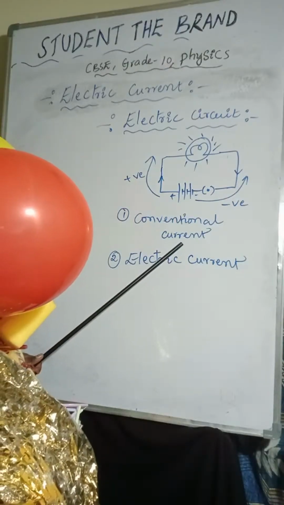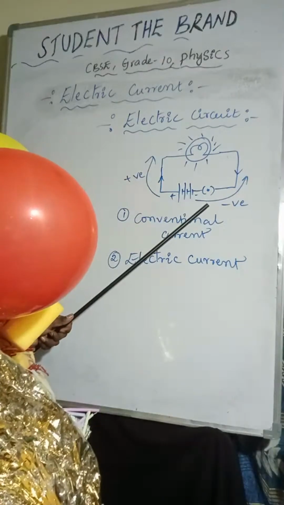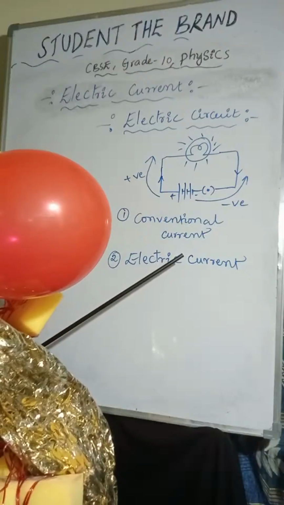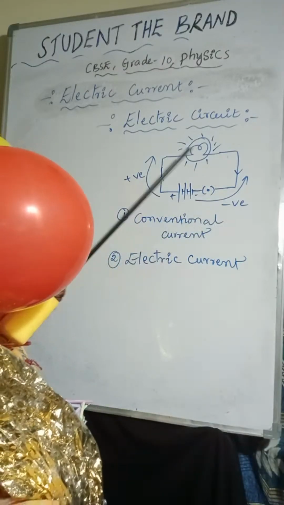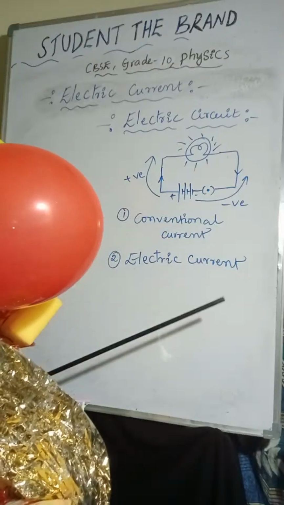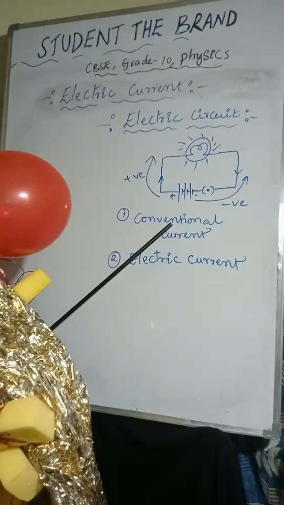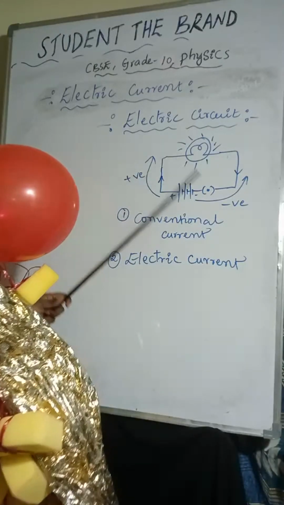Conventional current: charges are moving from high potential to low potential, whereas electrons are moving from low potential to high potential. So conventional current is positive charges moving from positive terminal to negative terminal.